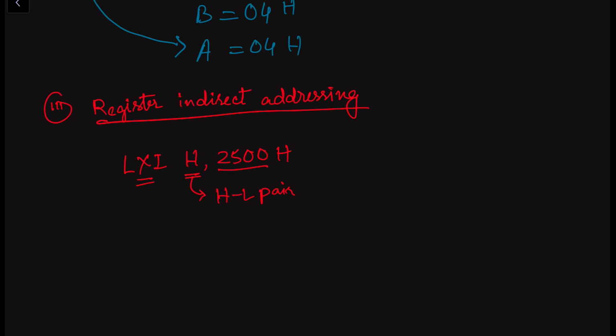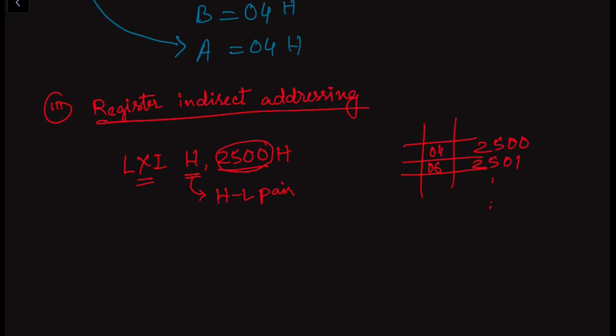So after going through this instruction, what will happen? Suppose we have a stack of memory addresses 2500, 2501 and so on. Whatever be the content here, suppose 04 and we have 06 here, these are the 8-bit contents in these addresses.